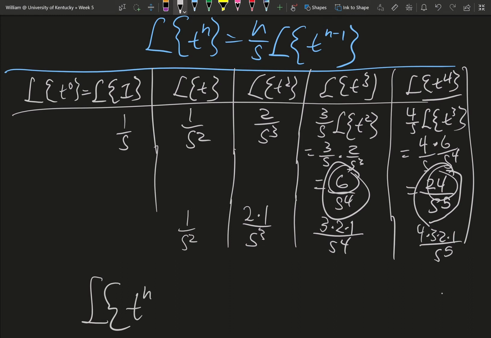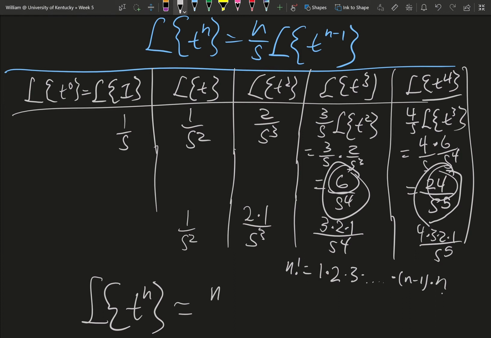Now what I can see is that for the Laplace transform of t to the n, these numbers have a particular name. n factorial is the product of the numbers 1 times 2 times 3 all the way up to n minus 1 times n.